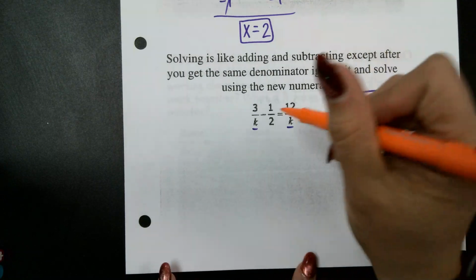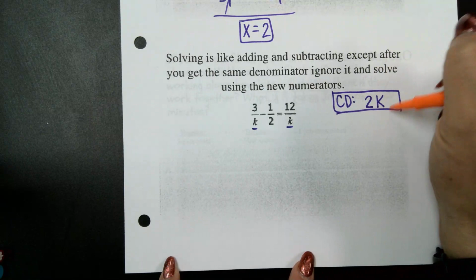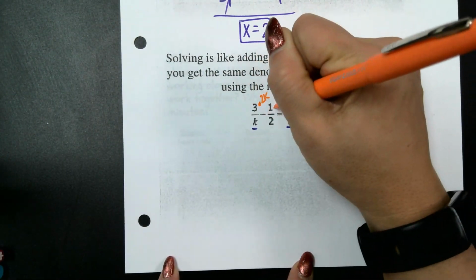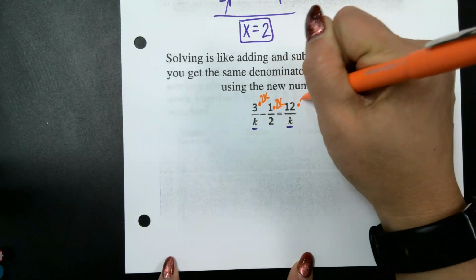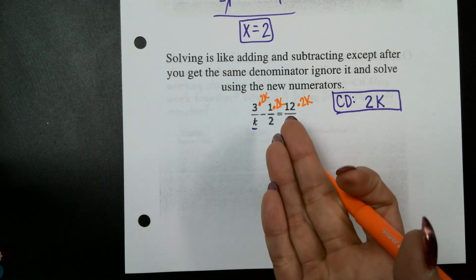So, in order to clear the denominator, we're going to take this common denominator and we are going to multiply every fraction by that common denominator. So on Thursday, you only had to worry about 2 fractions. Here, we're going to be focusing on 3.